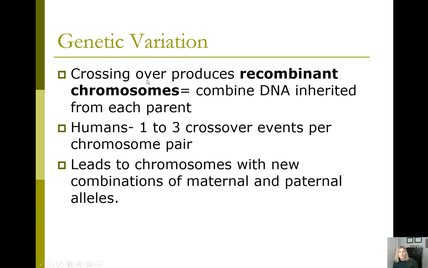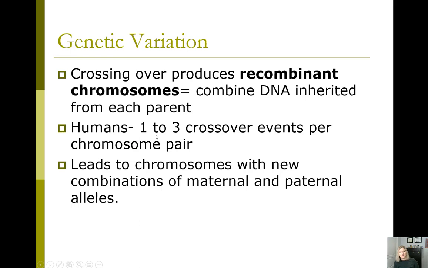Okay, so remember crossing over, you have that crossing over effect that occurred. And so you're going to end up with a unique combination of the parent's genes on the individual sister chromatids. So we call those recombinant chromosomes because they're recombined. They have a unique combination of both parents' genetic information.